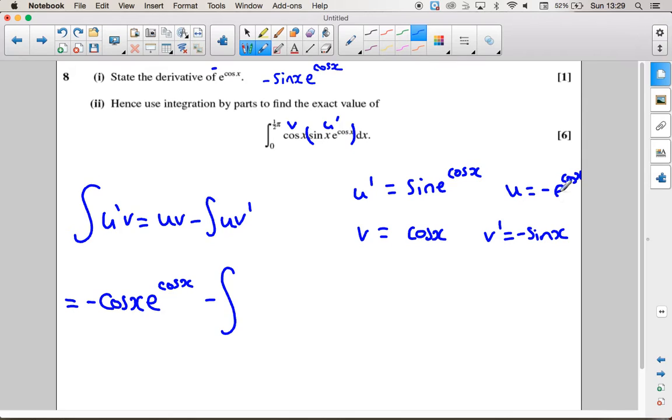So minus the integral of minus e to the cos x times minus sine x. These two minuses are going to cancel out. So I'm going to have minus the integral of sine x e to the cos x.